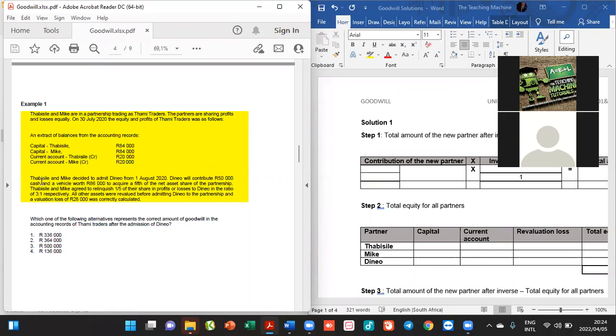Tapsile and Mike decided to admit Dinero from the 1st of August. Dinero will contribute 50,000 cash and a vehicle worth 86,000 to acquire a fifth of the net asset share of the partnership. So Dinero's ratio in this partnership will be 1/5. That's the meaning of a fifth, 1/5.